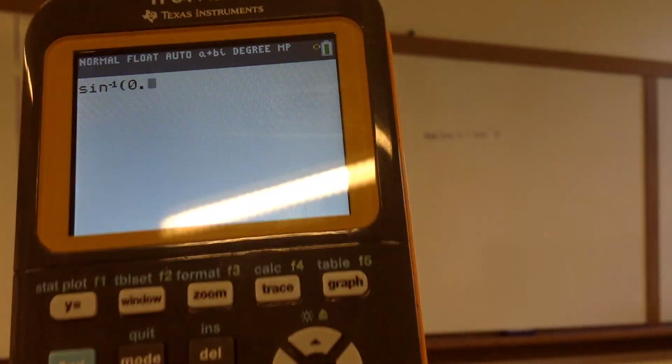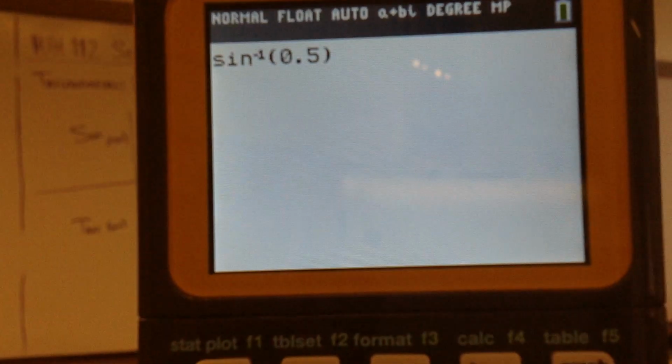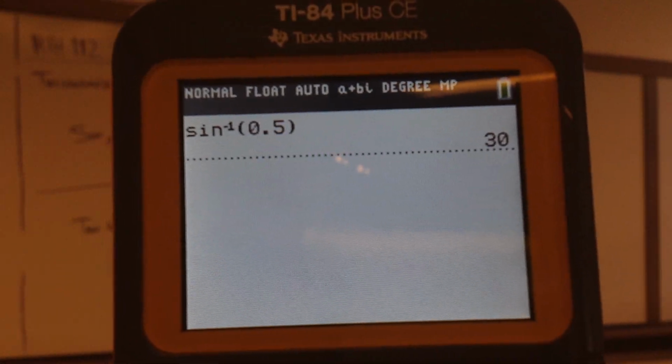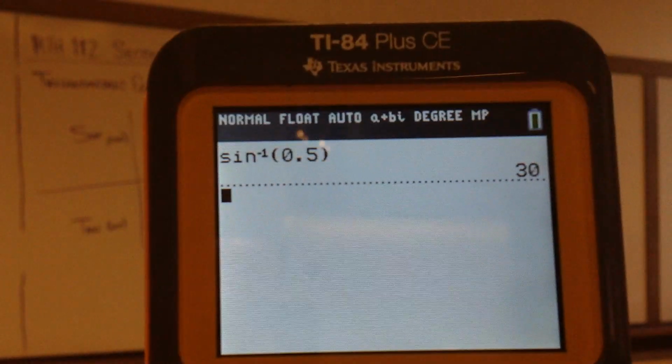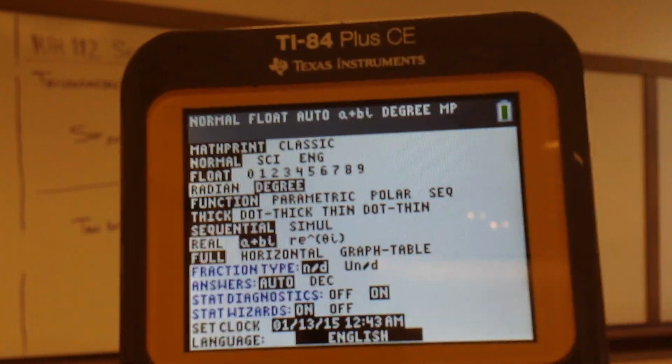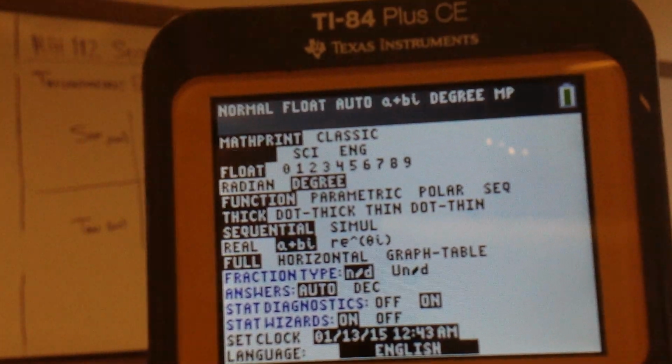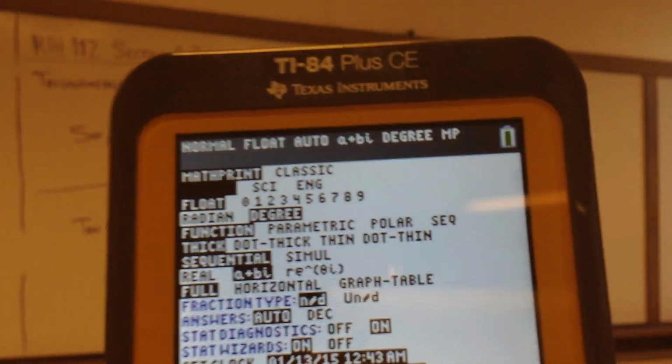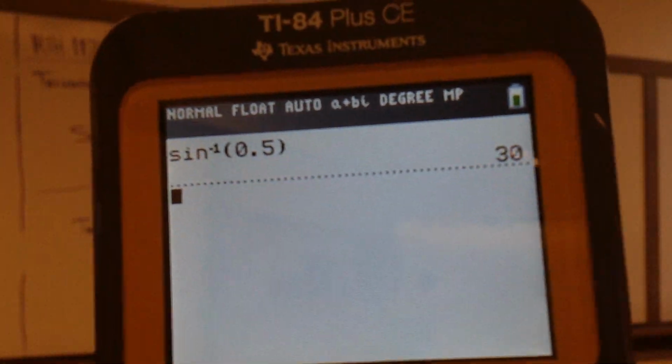And then we'll type in the 0.5. And there we go, 30 degrees. Now, again, make sure for these problems that your calculator is set in degrees rather than radians. Okay, so 30 degrees is the answer.